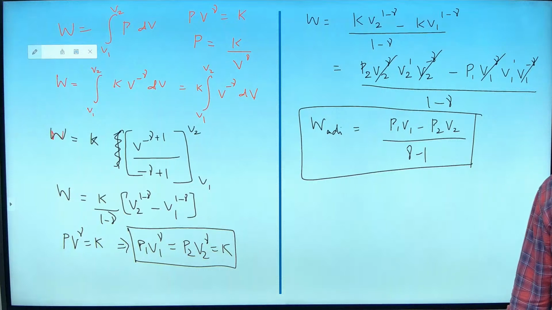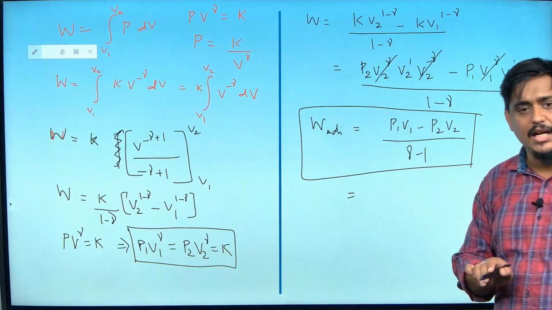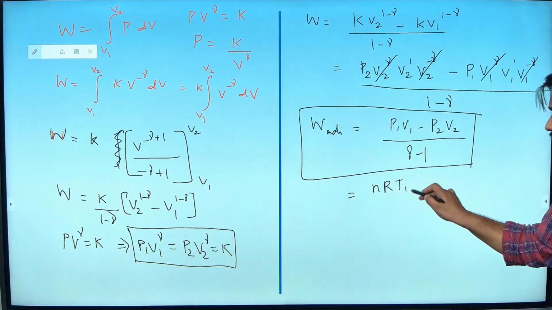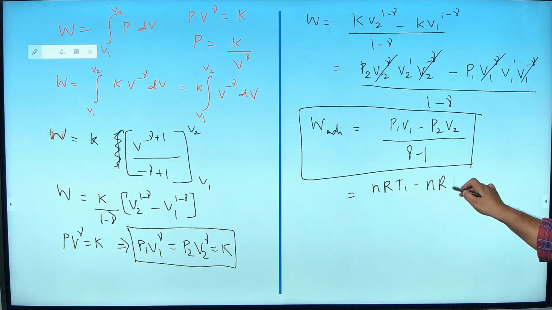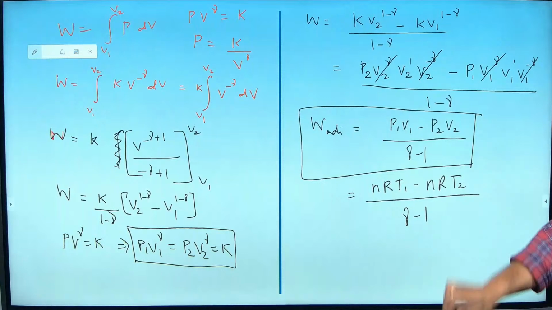Anybody else, something that you are saying? I hope no doubt. And then I can also write PV as nRT. So I can write nRT1 minus nRT2 divided by gamma minus 1.